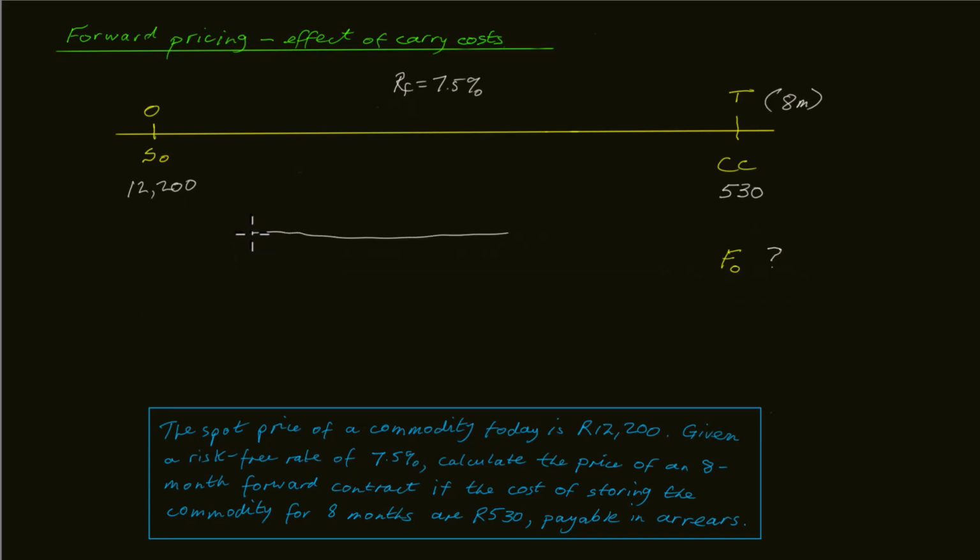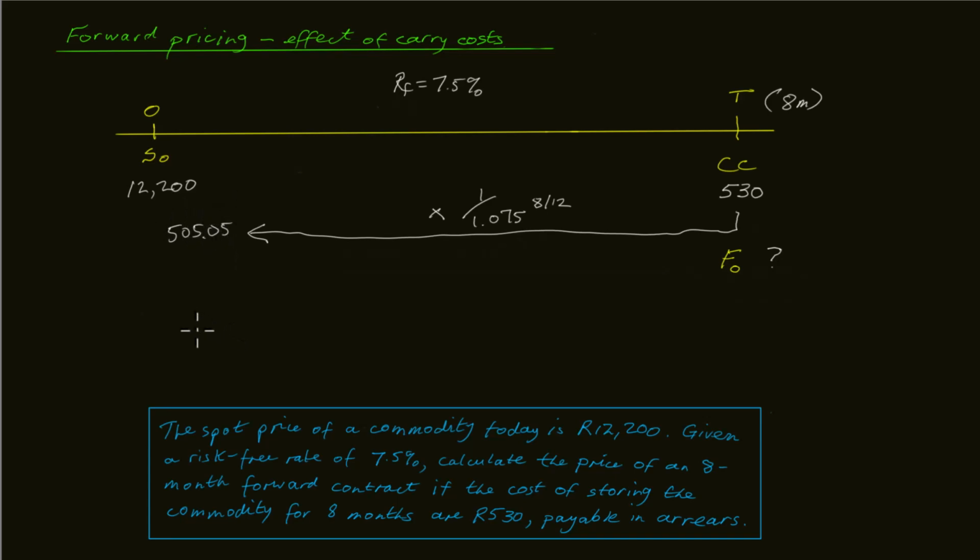Therefore, we need to bring that 530 Rand back to T0 at the given risk-free rate, which is a calculation of multiplying that 530 Rand by 1/(1 plus the decimalized risk-free rate of 7.5%) using an exponent of 8/12. And that number is 505 Rand and 5 cents.